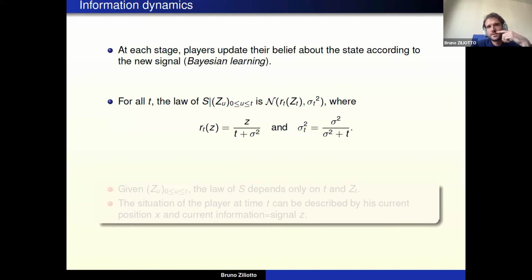Okay, yes, that's quite clear, because these conditional expectations will not be so easy. Definitely. Okay, yes. Thanks. I think it's a great question. Thank you.